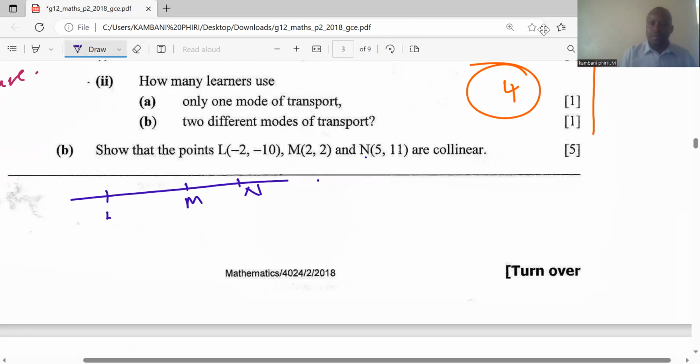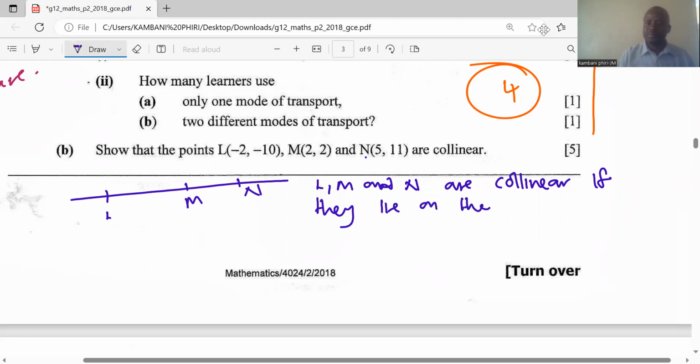I'm just trying to explain, not that maybe you do the same in an exam. I'm just trying to give you the background. So L, M, and N are collinear if they lie on the same straight line.